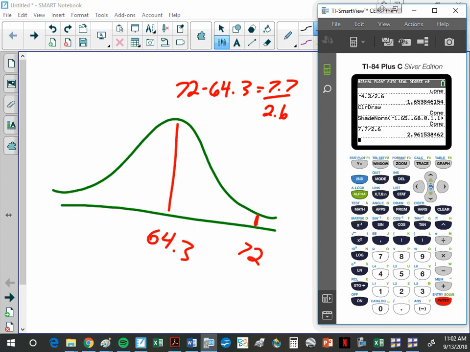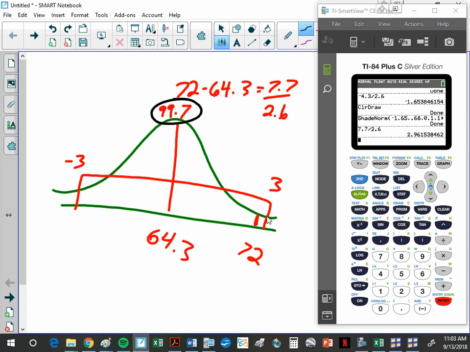Less than 1%, because if I do negative 3 and 3, that's 99.7%. And we're not quite there, but we're really close. So it's going to be about half of the leftover, which is only 0.3%. So we're going to take 0.3% and cut it in half, basically, which is 0.15%, which is extremely small. Let's see what the calculator gives us.